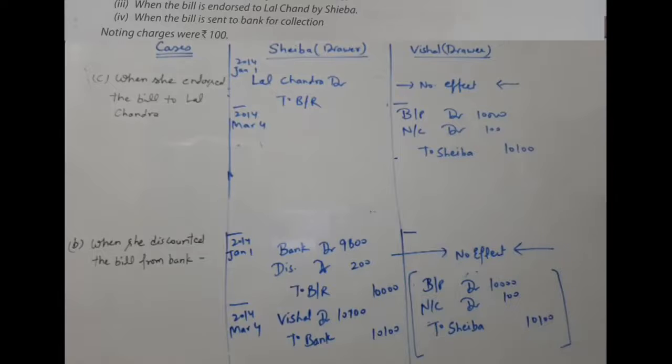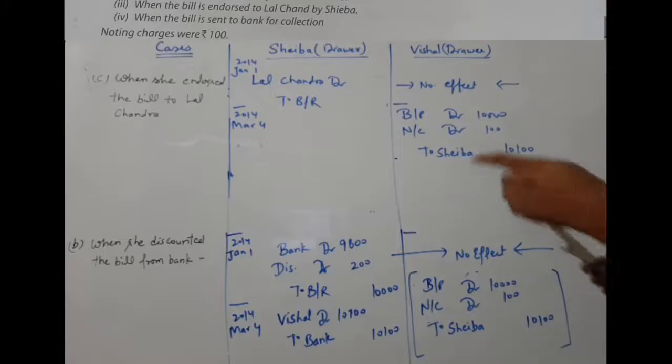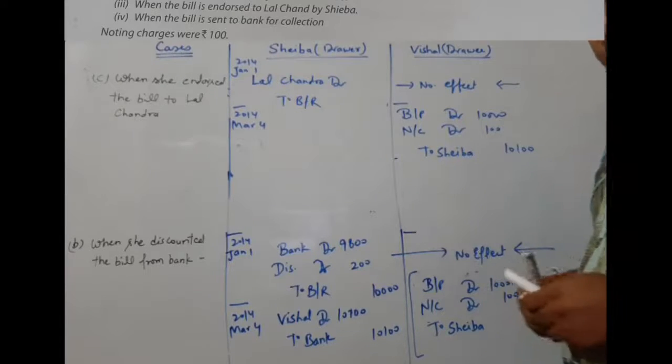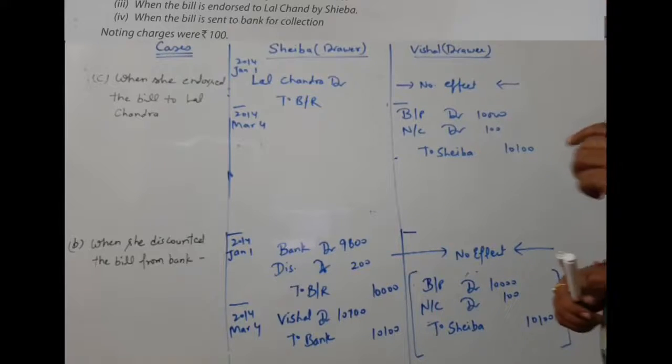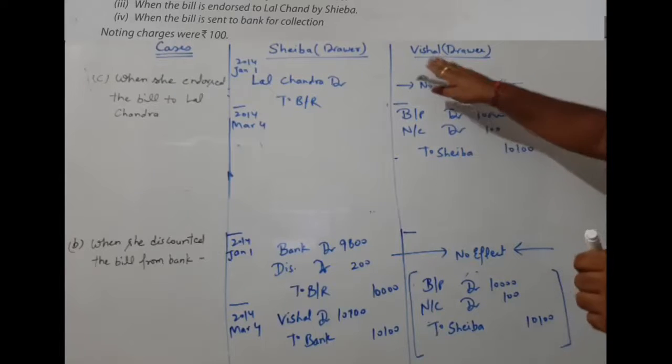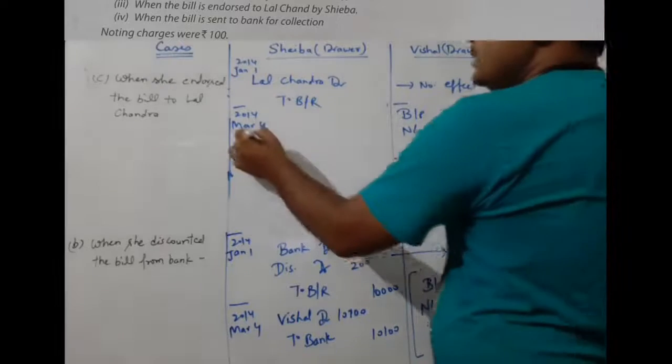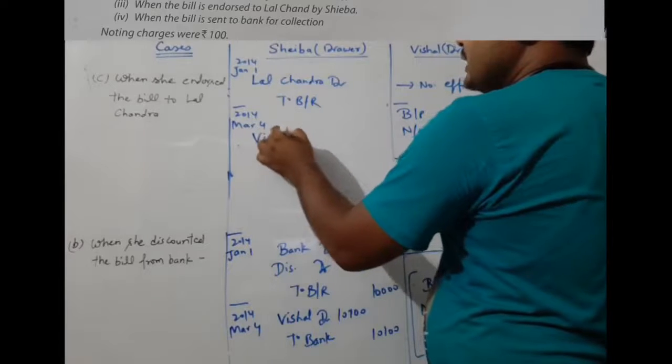So you can see that the third situation की एंट्री तो वही की वही है, सेम है, उसमें भी कोई चेंज नहीं हो रहा है. Okay, and what is the entry regarding the dishonor of the bill when the bill is endorsed to Lalchand? So in this situation, you know very well the entry will be, yes, correct. The entry will be drawee account debit to endorsee. So what is the name of the drawee? That is Vishal. And what is the name of the endorsee?